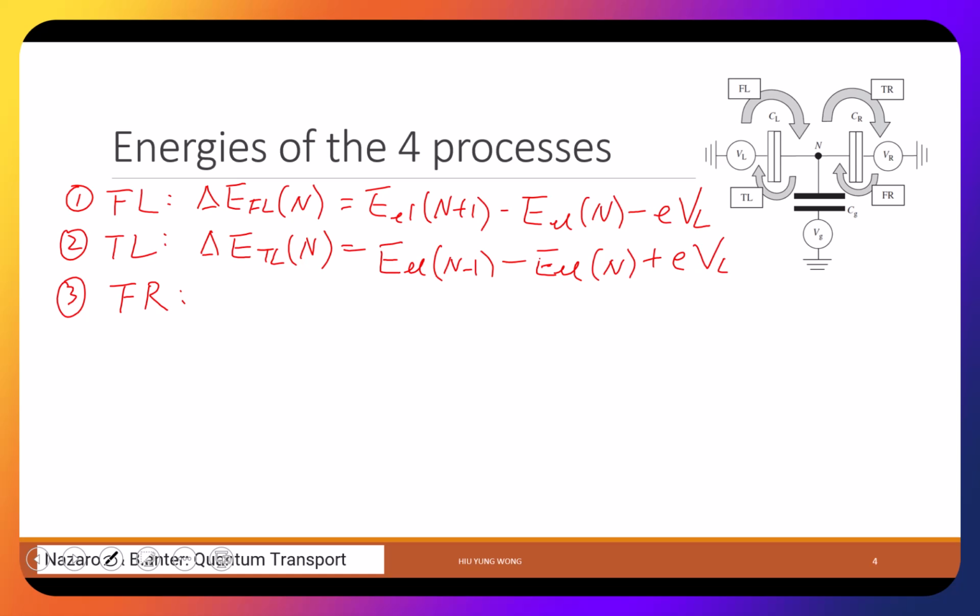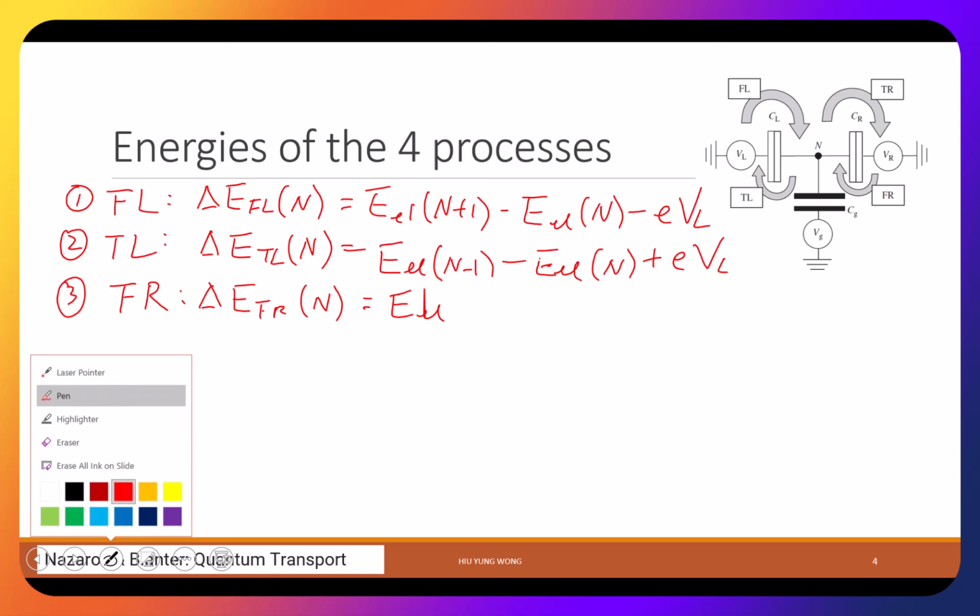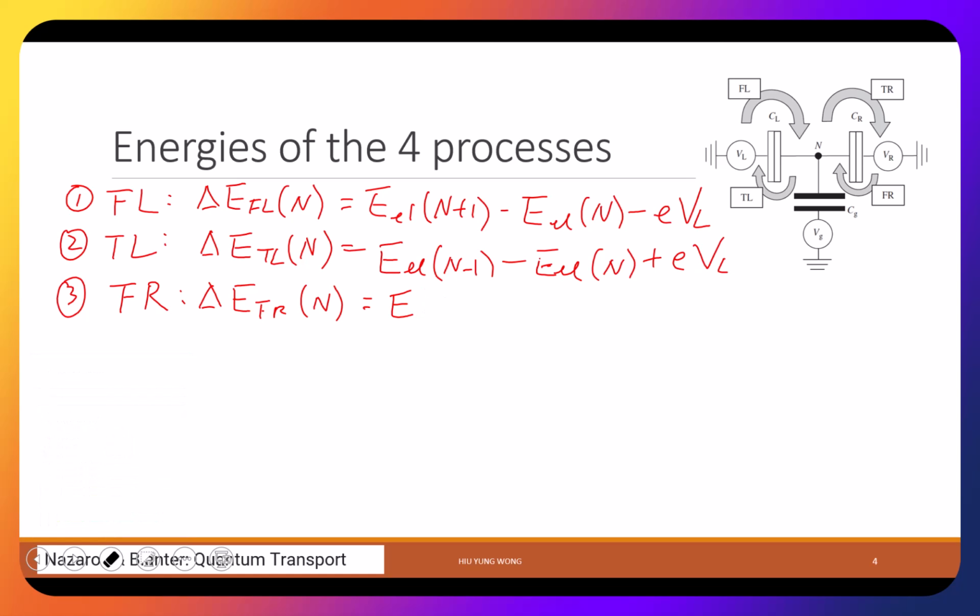You tunnel from the right, and the question again is, from the right, when I start with N, the change of energy is going to be EL of N plus 1 minus EL of N, right? And then minus EVR.